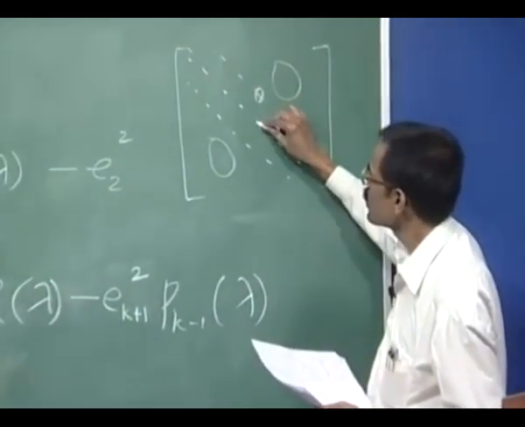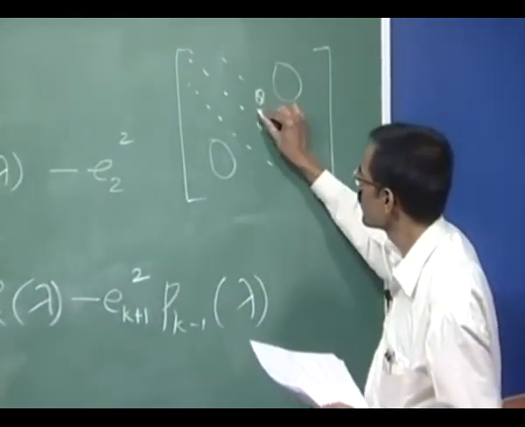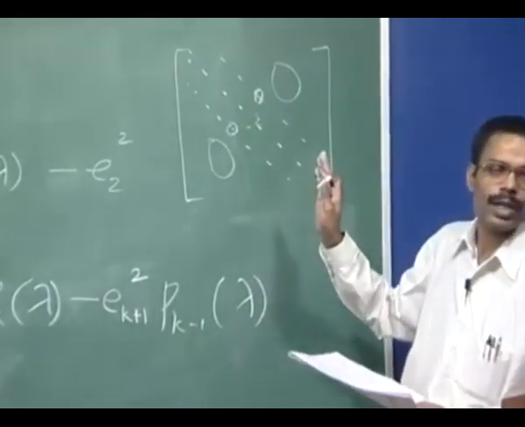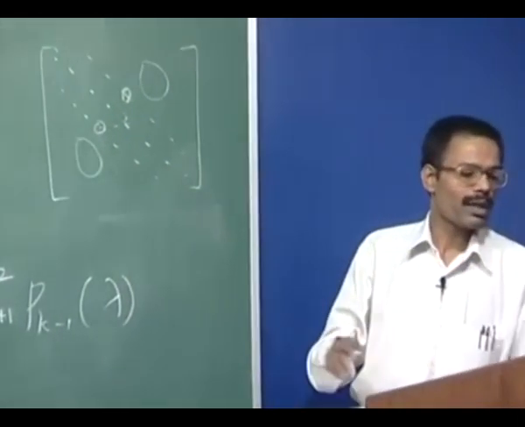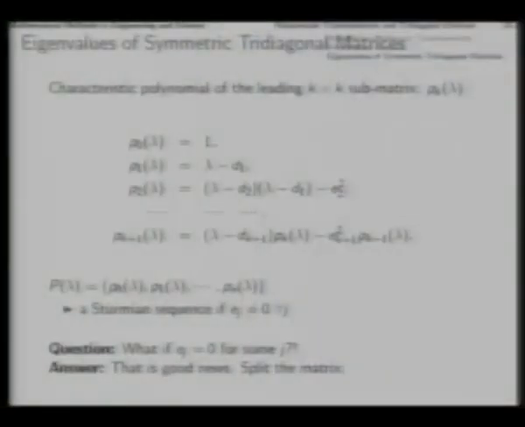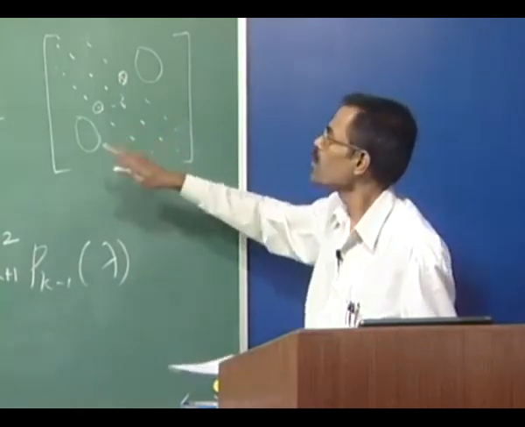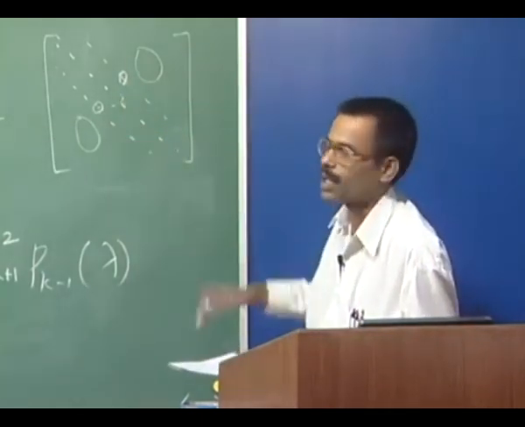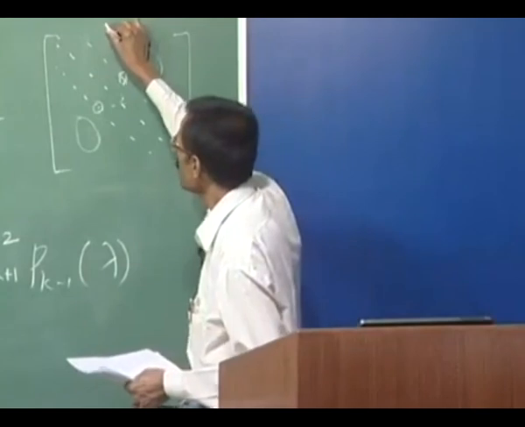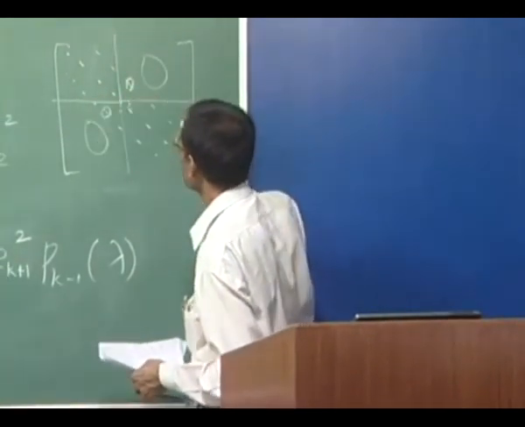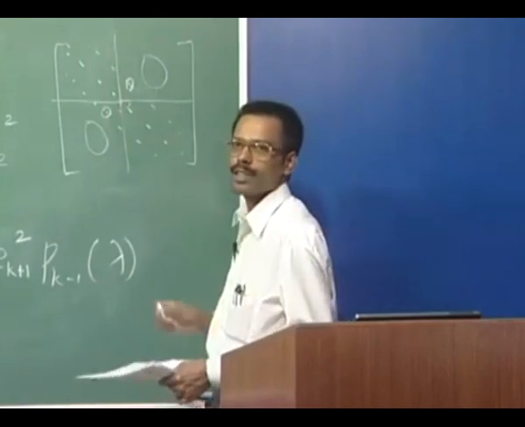If there is some e which is 0 here as well as here, then this would obstruct us from using this succeeding formulation for the complete matrix, but these two zeros actually help in splitting the matrix into two parts, because then we have the complete matrix in the form of a block diagonal matrix.